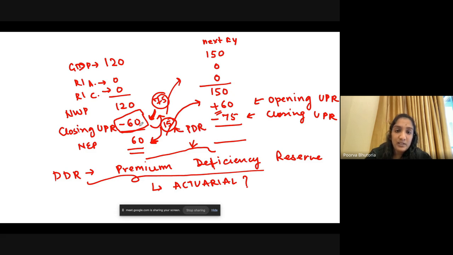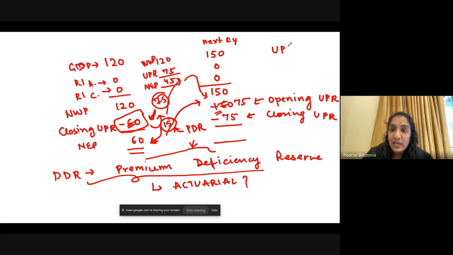And when they're making the accounts, they will not make it for INR 60 anymore. They'll do net written premium of 125 and UPR of rupees 75. So NEP in this case would be 45, and the opening of the next year again will be INR 75.